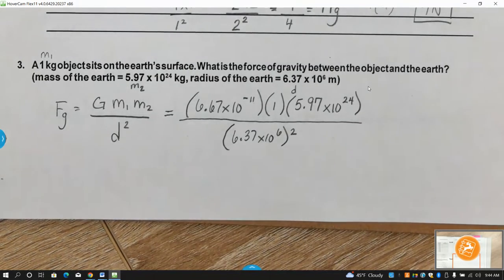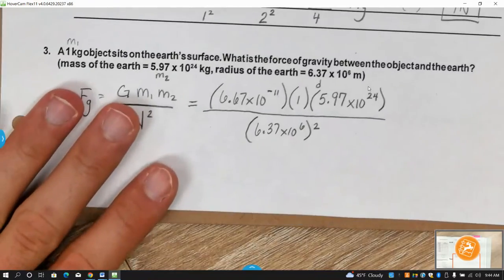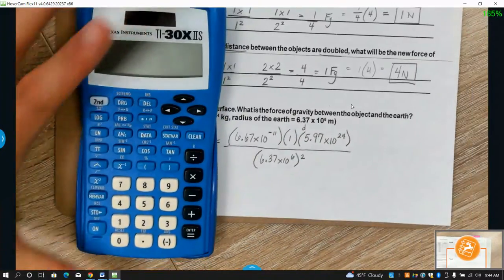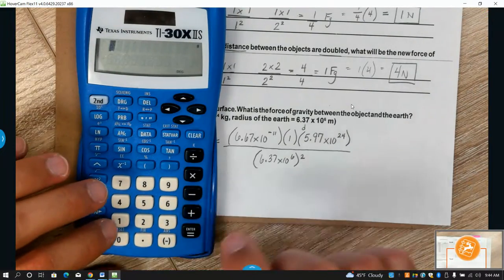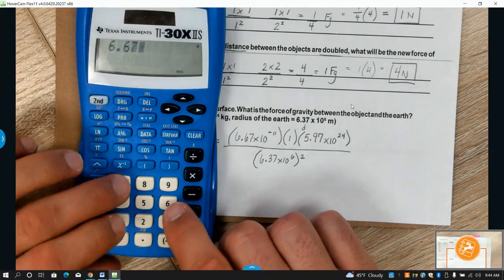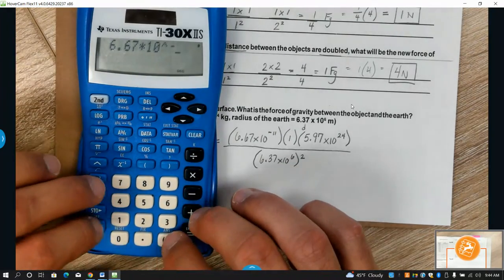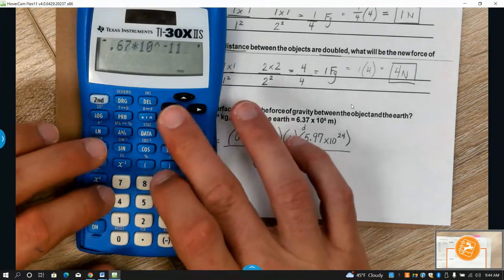There's an easier way than always having to do times 10 raised to whatever the power is.